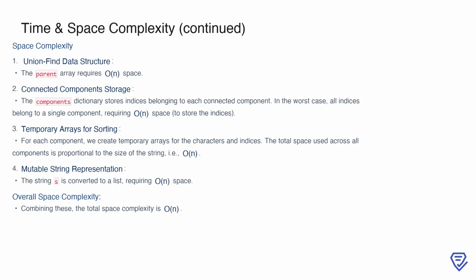Additionally, temporary arrays are used to store characters and indices while sorting each component. Across all components, this requires space proportional to the size of the string, which is O(n). Finally, since strings are immutable in Python, we convert the string s into a mutable list representation, which also takes O(n) space. Combining all these, the total space complexity is O(n).